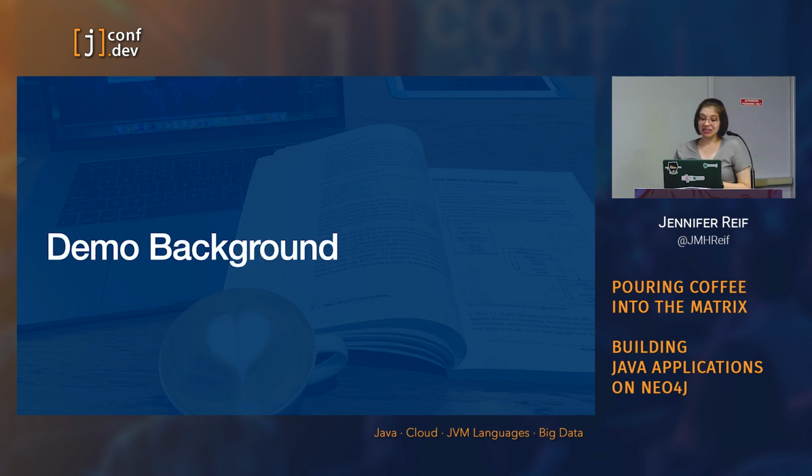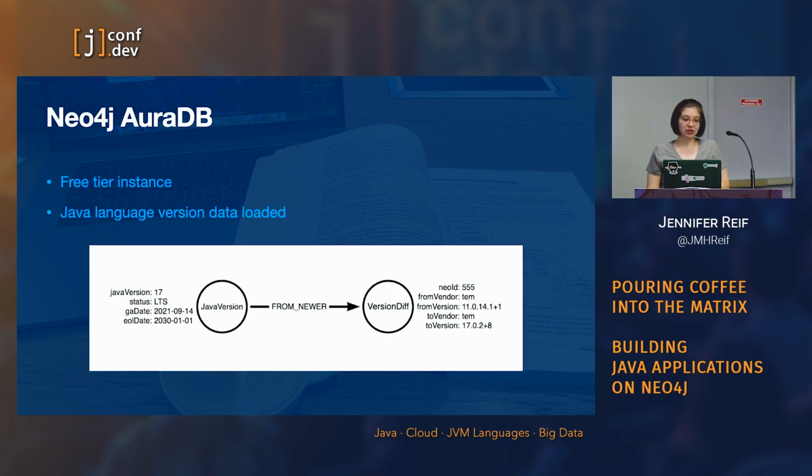Okay, so a little bit about the demo, and then we'll dive right into the core of stuff, just to give you an idea of what we're covering and the data we're looking at. I created a Neo4j AuraDB free tier instance, which everybody can do. I'll have a link at the end for anybody who's interested in doing that, so you can spin up your own free instance. It's a cloud database as a service.